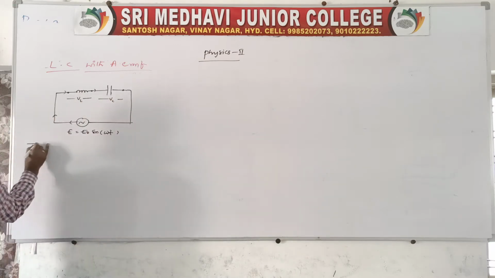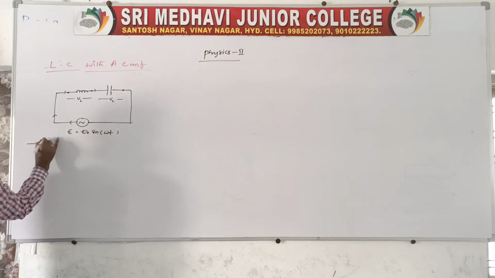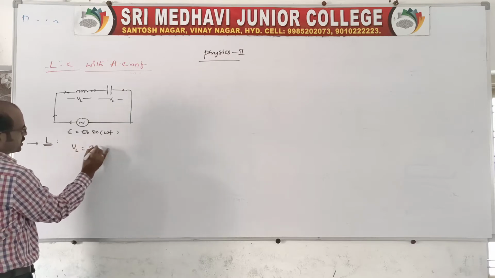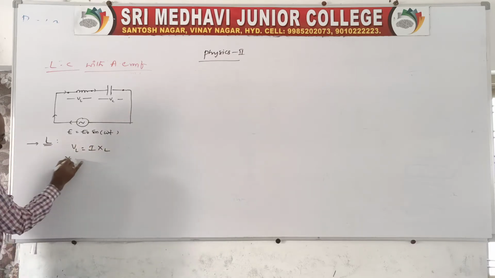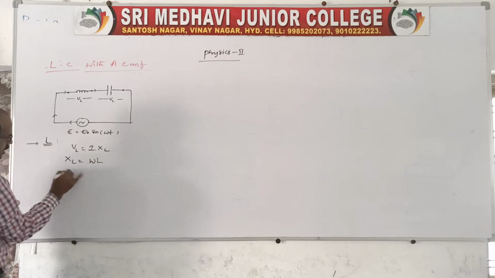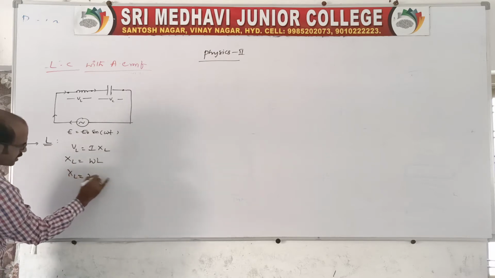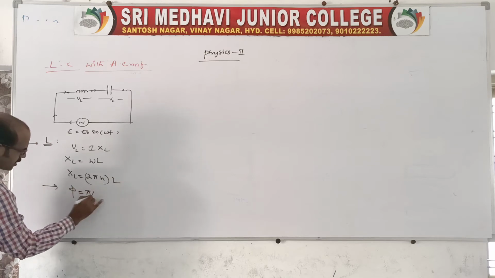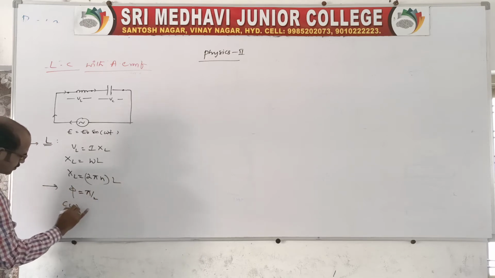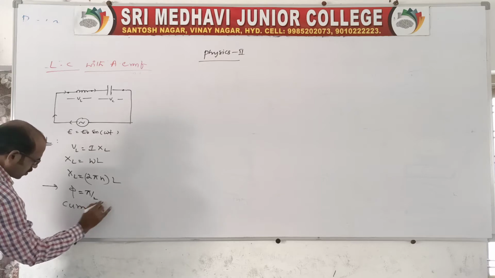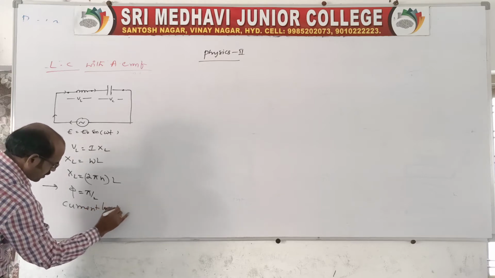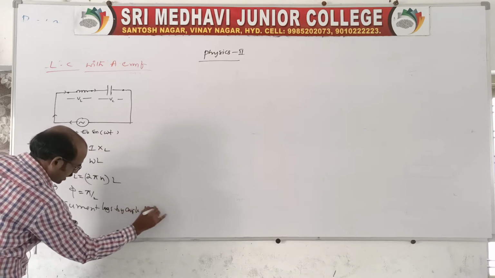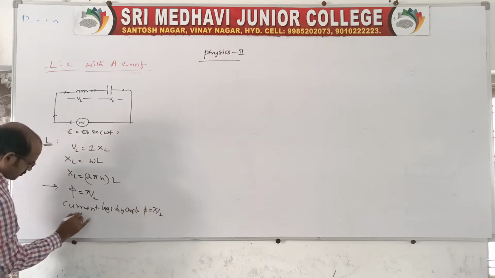First write about the inductor: VL is equal to I into XL, and XL is nothing but omega L, that is 2 pi n into L. Here there will be a phase angle of pi by 2, and the current lags the EMF by an angle of pi by 2.